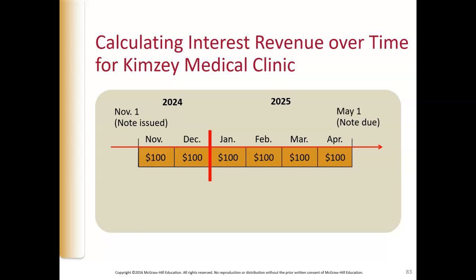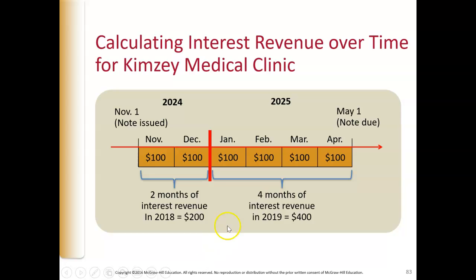Know that if at the end of the year interest has accrued, we will need to show that in the books. So say, for example, Kimsey was going to pay the note on May 1st, but it's the end of December, the financial statements need to be finished.